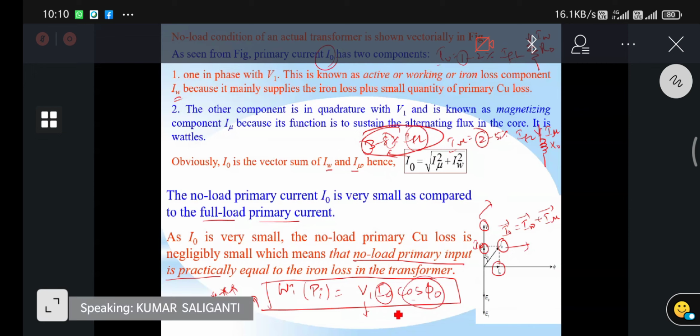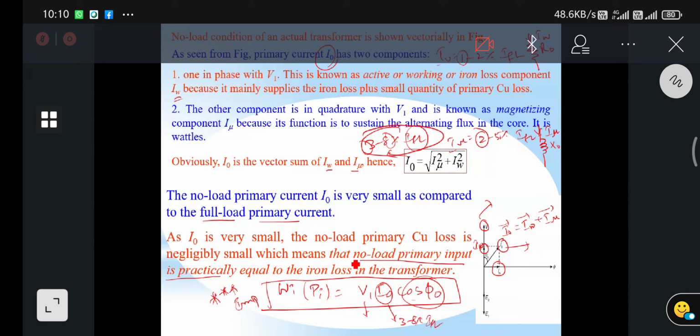The no load current is 3 to 8% of full load current, which is very small compared to full load current. And cos phi naught is approximately 0.2 lagging, because the no load phase angle is about 70 to 75 degrees. So this is a poor no load power factor. Why?